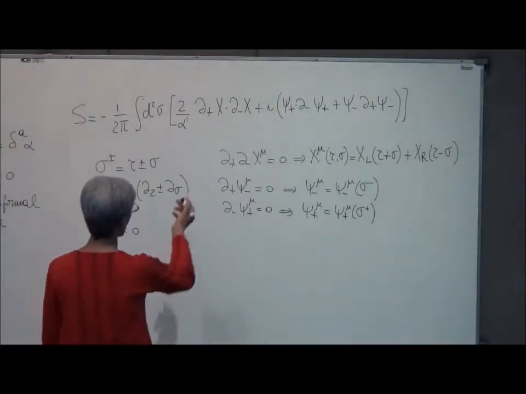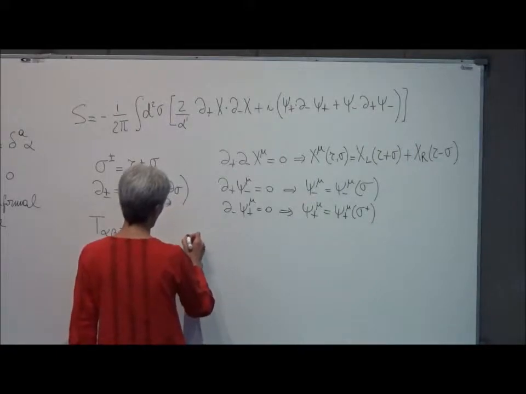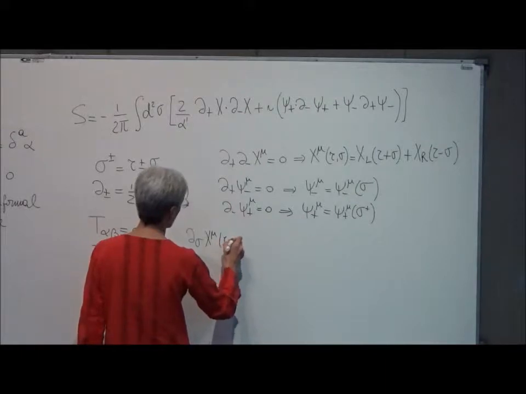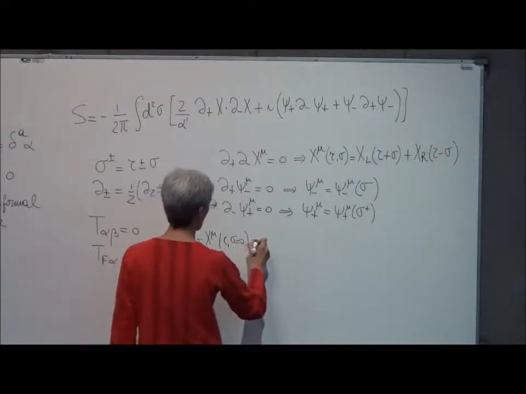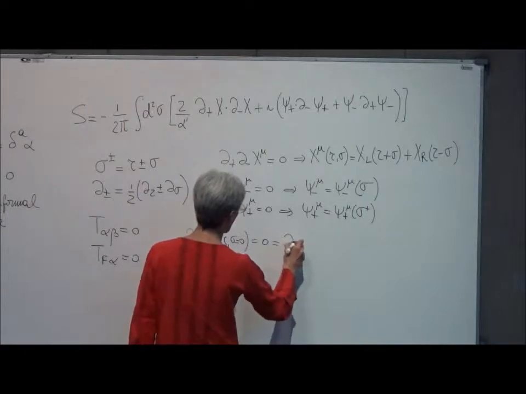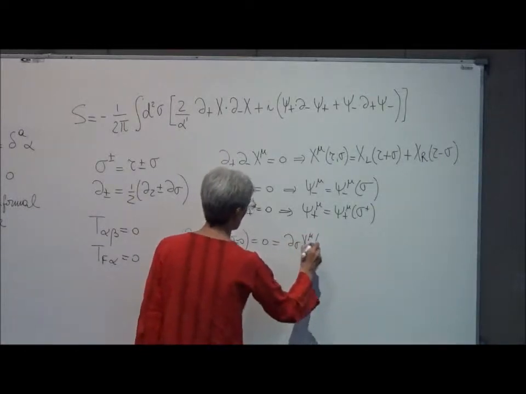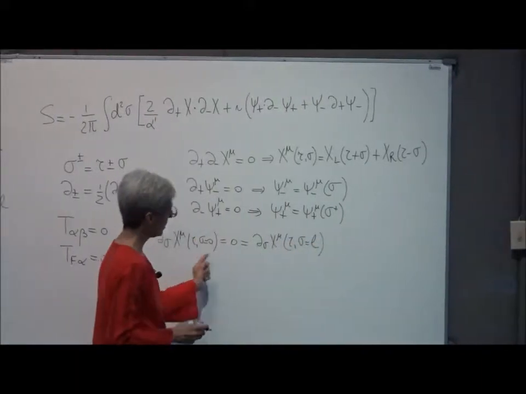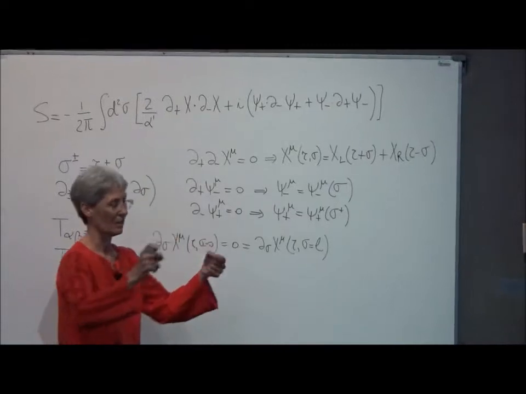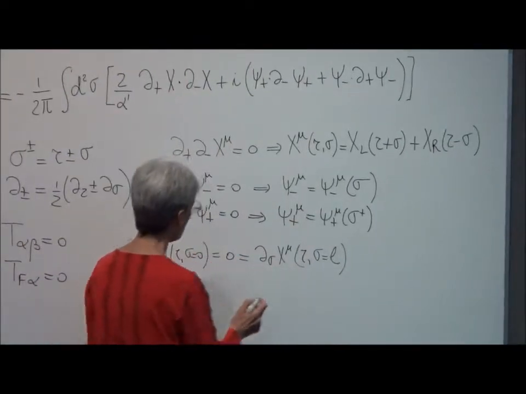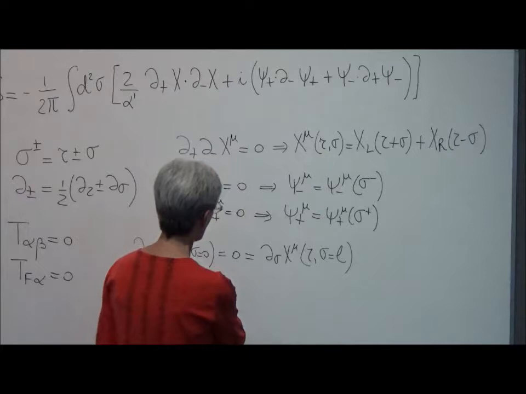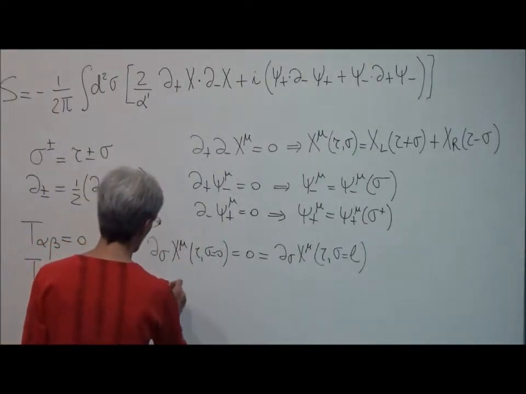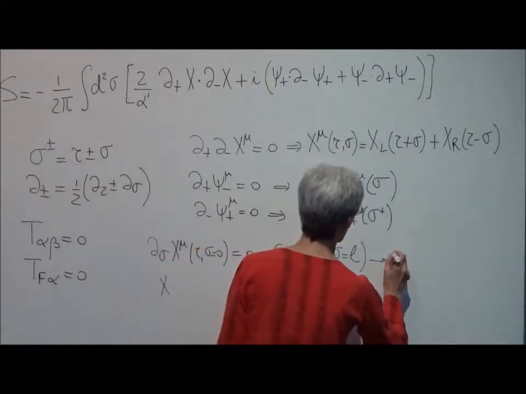For this I mean for the X^mu. So we have this condition, the derivative of X^mu with respect to sigma equals 0 at sigma equals 0 and sigma equals L, where this is a string of length L, so sigma takes value from 0 to L. So these are Neumann boundary conditions for the X, and this gives rise to the open string.